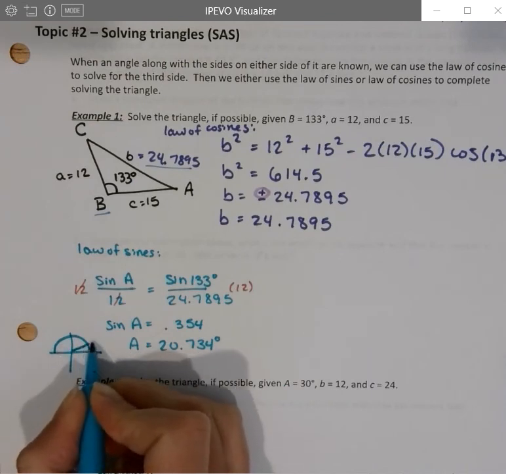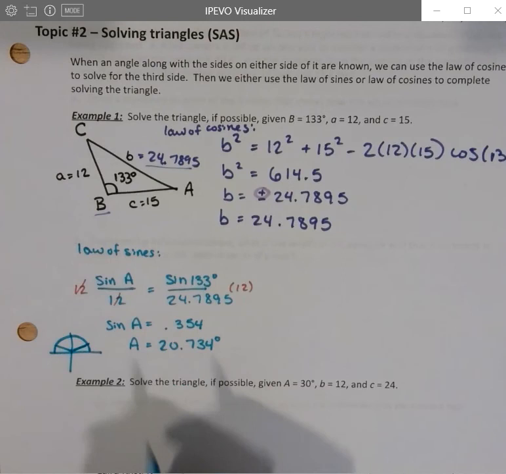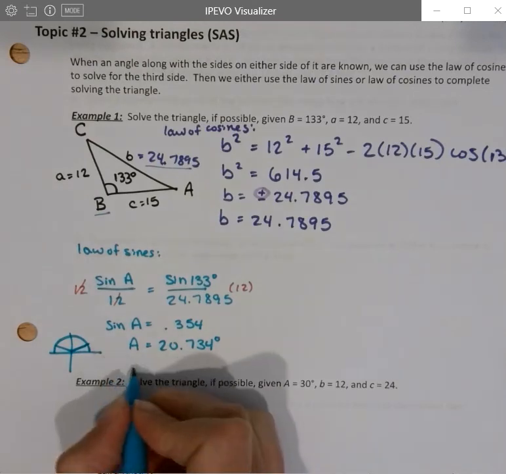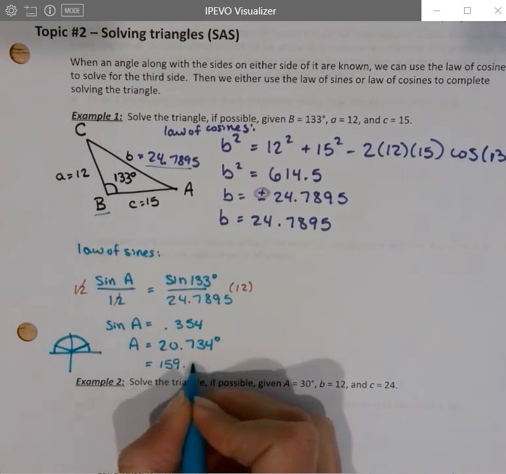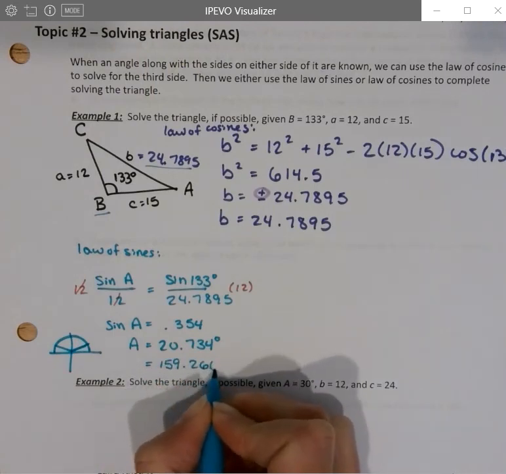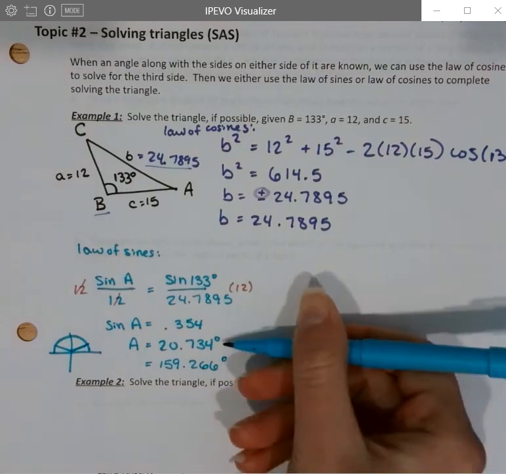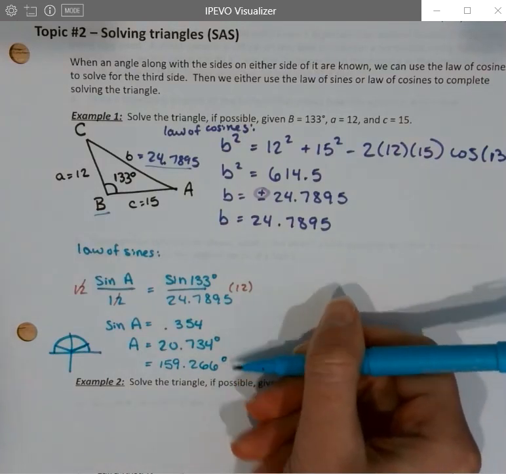So one of them is our 20 degree and one of them is just shy of 20 degrees from 180. So if I take 180 and subtract 20, that gives me my other possibility that A could have been 159.266 degrees.